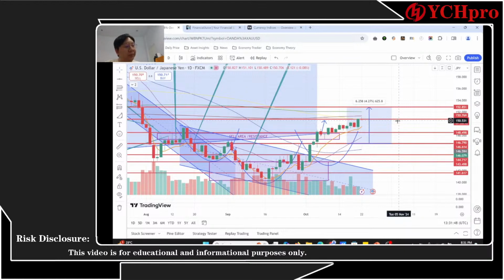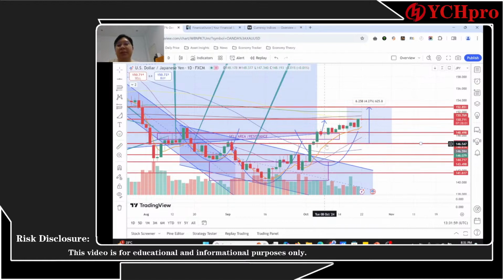So that means the room for the US dollar against the Japanese yen is much bigger, and it could even reach 152.8 yen per dollar, guys.